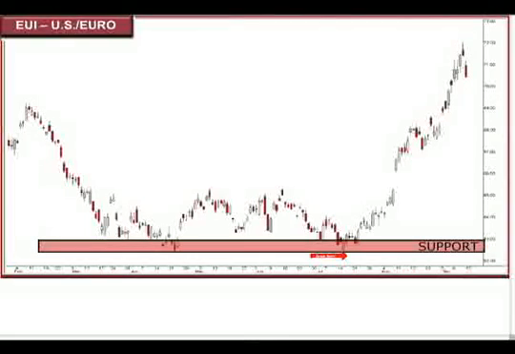What that's suggesting to us is that if we miss this key move to the downside, we have to be cognizant that prices are starting to stall in this area, and I'm going to show you a couple of indicators that we can add to this. But the idea is that when this starts to take place, we can start to look for the potential of a move in the opposite direction.